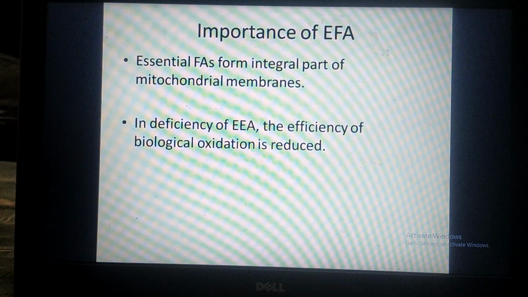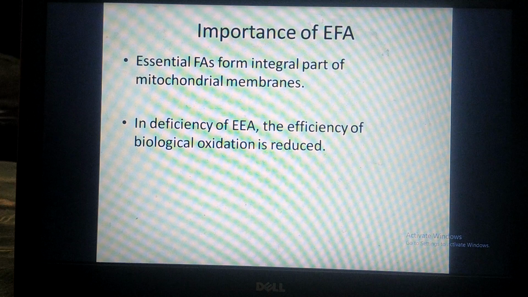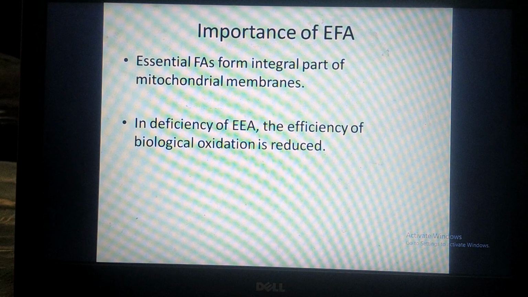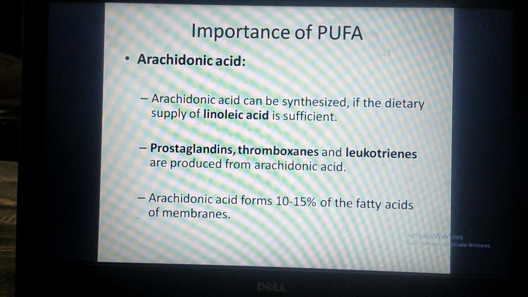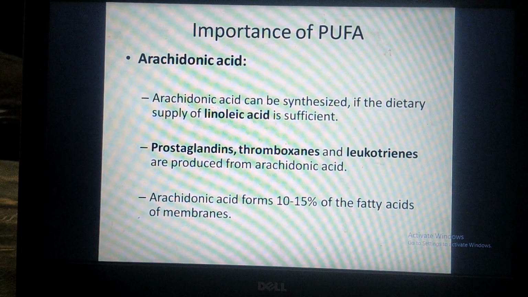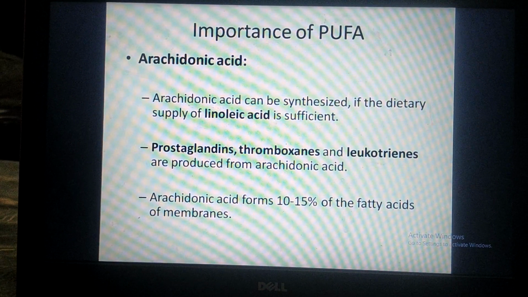As the essential fatty acids are an integral part of the mitochondrial membrane, in the deficiency of essential fatty acid, biological oxidation is reduced. Now coming to the next polyunsaturated fatty acid, called arachidonic acid. Arachidonic acid can be synthesized by the body if we supply linoleic acid in the diet in sufficient quantity.